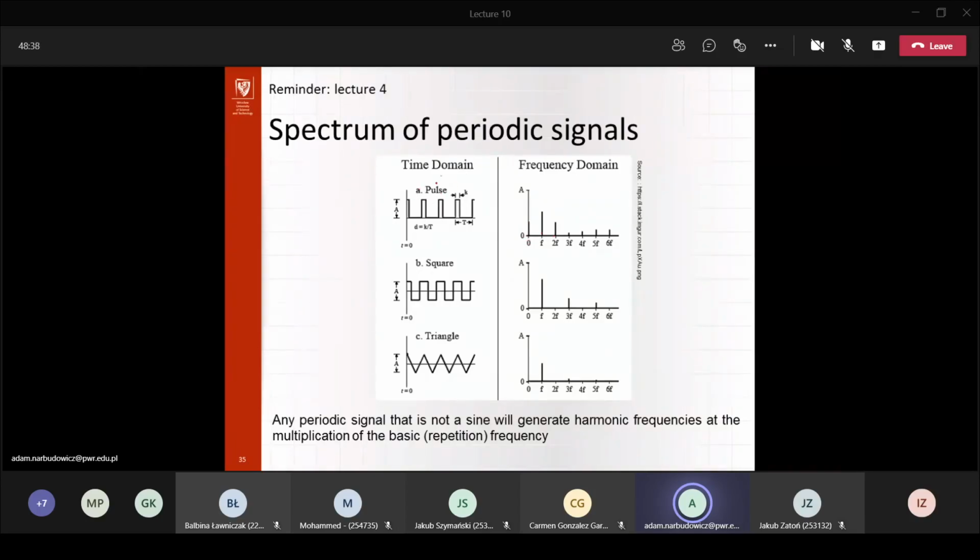But any other non-sinusoidal function will be seen as a sum of harmonics at frequency f, 2f, 3f, 4f, 5f, and so on, right?